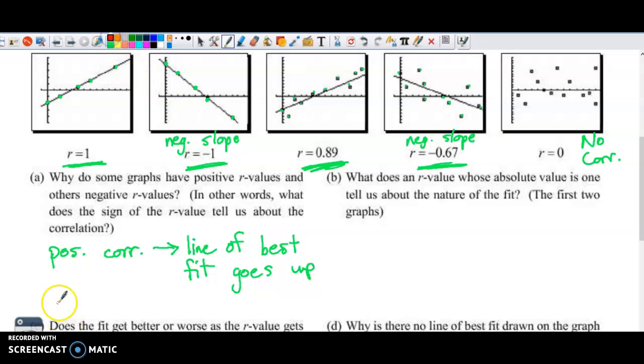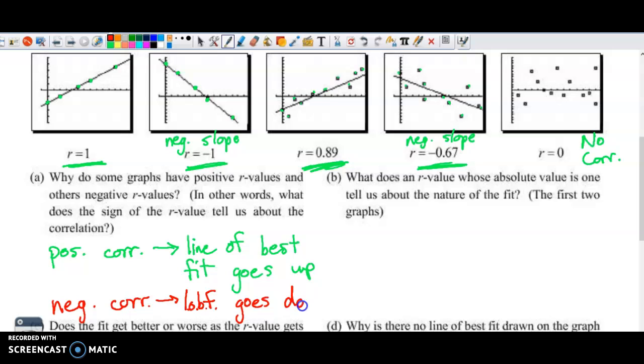And the flip side would be the negative correlation, that the line of best fit is going down. So what that means is that it's a negative slope for the line of best fit. I'll just write LOBF. That's not really a real thing in math, but line of best fit goes down.